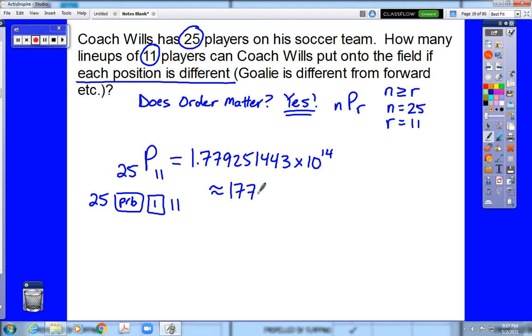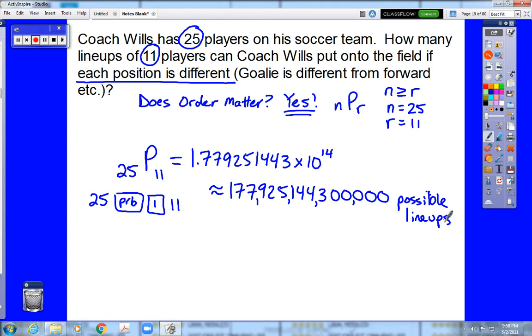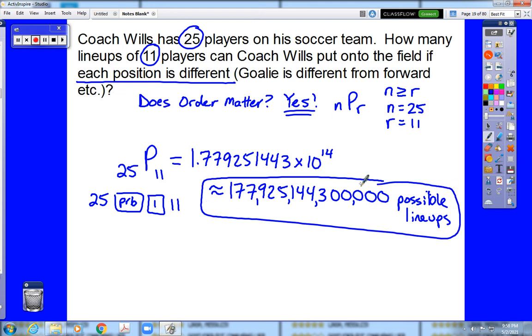So we're looking at approximately adding 5 zeros to the end of our number, meaning that the answer, and this is the correct answer, is that Coach Wills, me, has 177,925,144,300,000-ish possible lineups to choose from.